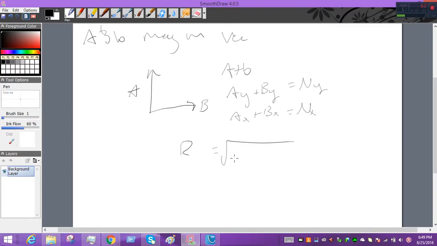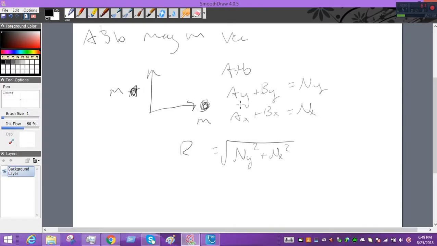So the resultant equals the square root of n y squared plus n x squared, where n is net. A will be the only y component vector and B will be the only x component vector, and since they have magnitude m, we can simply define this as m in the x direction and m in the y direction.